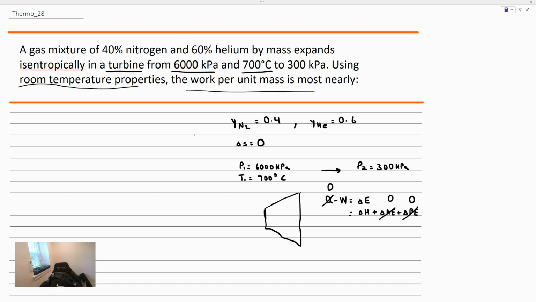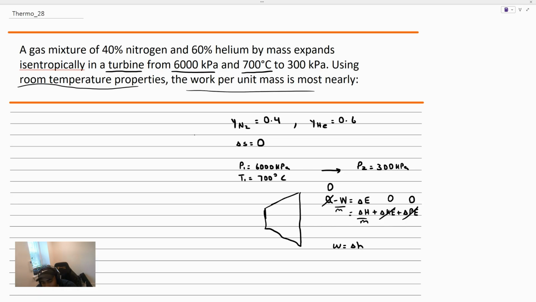That means that the work is equal to the change in the enthalpy, or if we divide both sides by the mass, the work per unit mass is equal to the change in the specific enthalpy. And you note that I just neglected that sign there because it doesn't matter. All of our choices are positive values, so I'm not going to really worry about the sign. I'm just going to look at that change in enthalpy value.